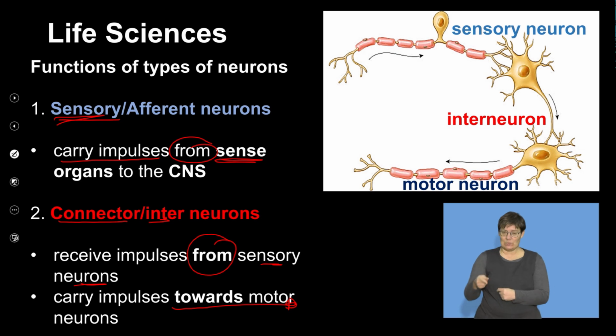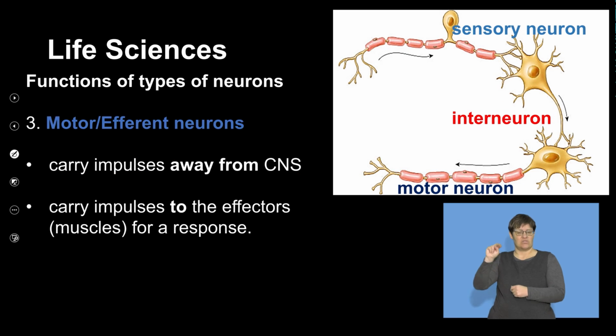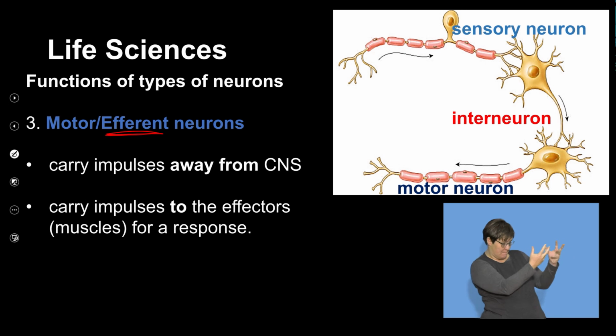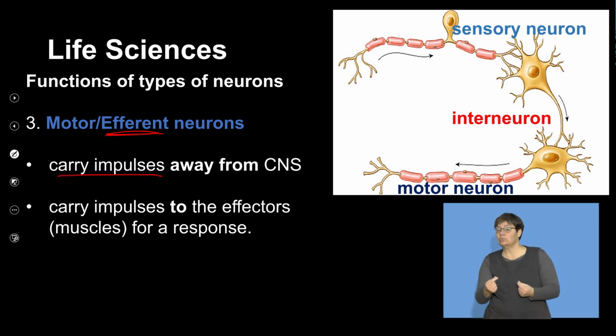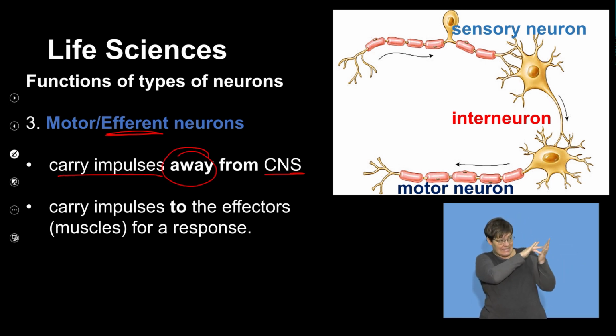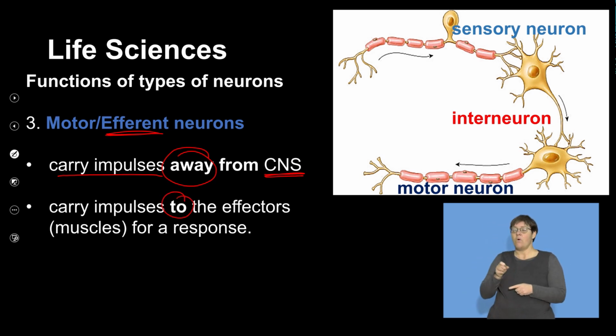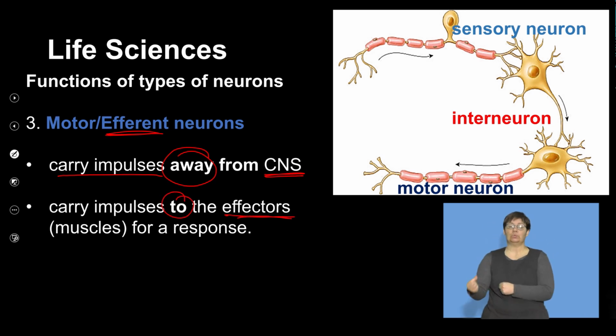And let's see what the motor neuron does. Motor neuron or effector neuron, because it takes the impulse to the effectors, the muscle or the glands. It carries impulse away from the central nervous system to the effectors. Why to the effectors? For response.